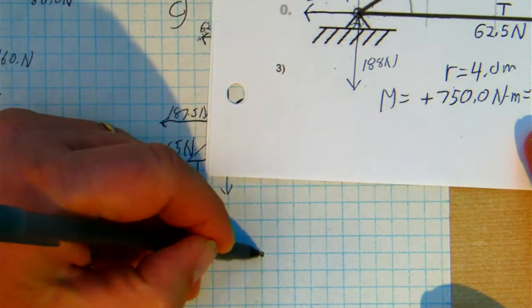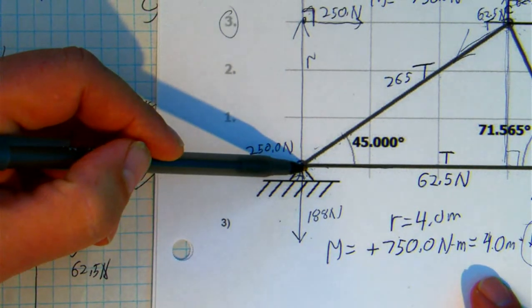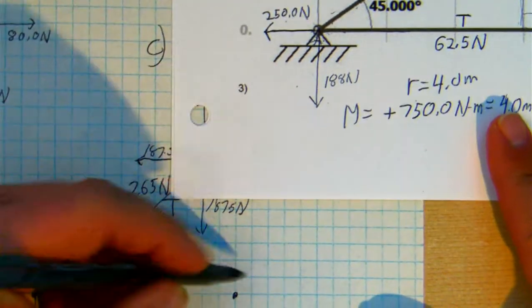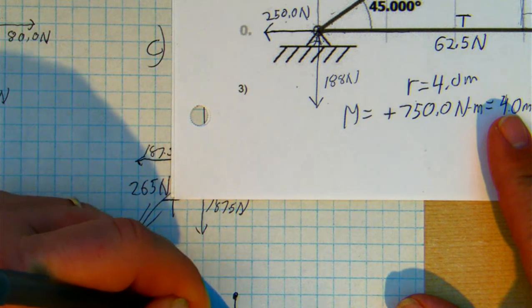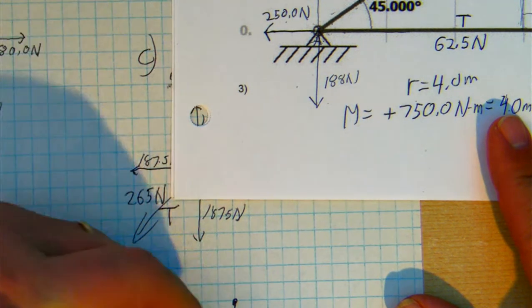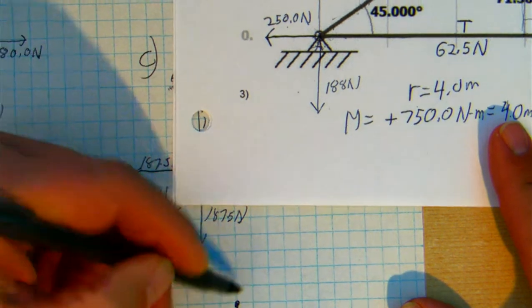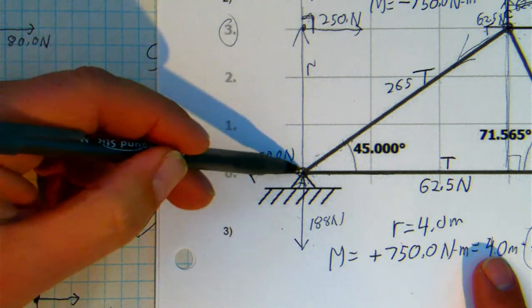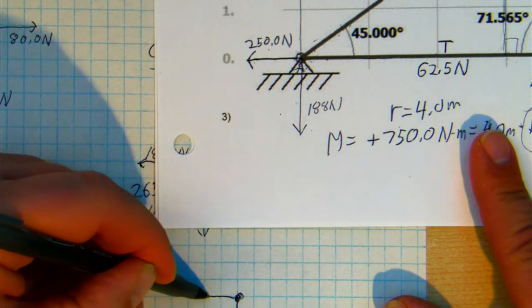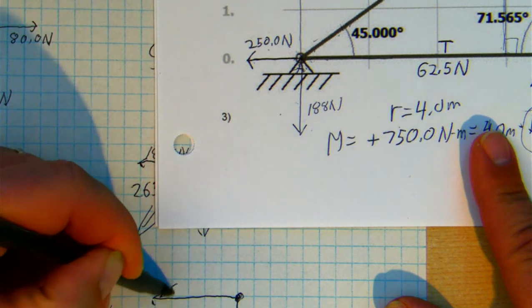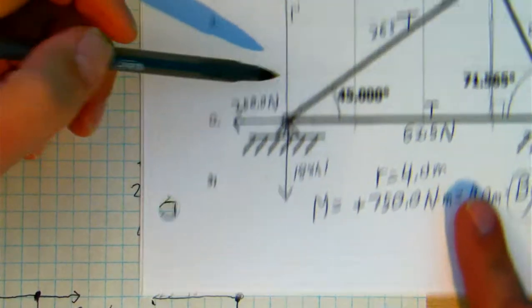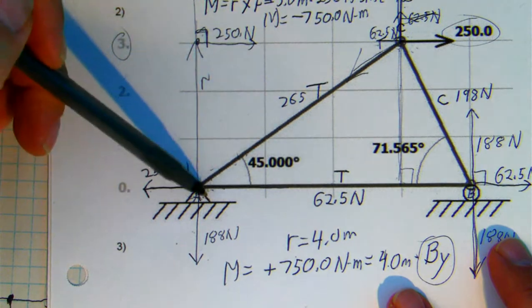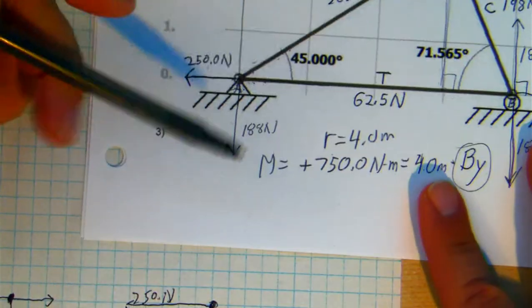Let's do this correctly. At point A, we can start with the reaction forces. 187.5 newtons downwards. That's going to the pivot point. I said there's a reaction force of 250 newtons to the left. Now, member BC is pulling A to the right by 62.5 newtons.